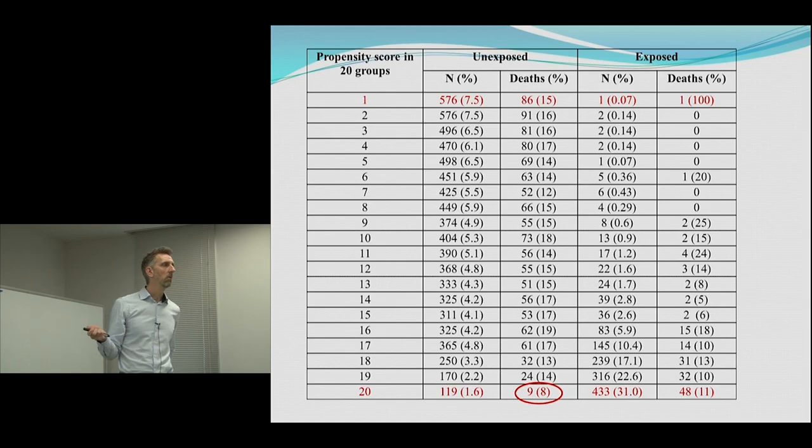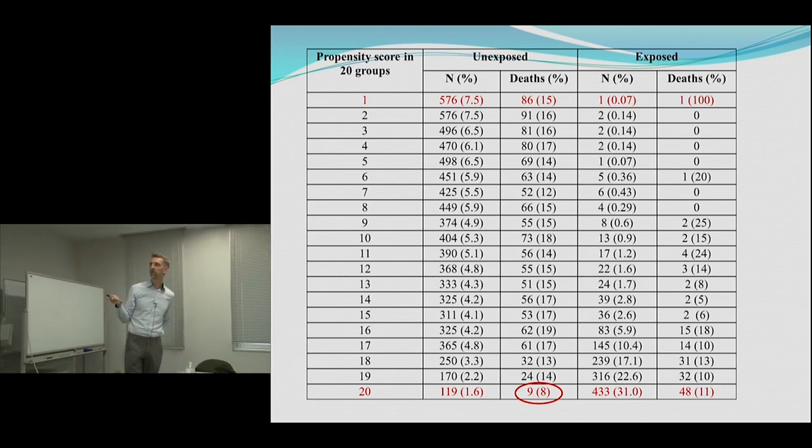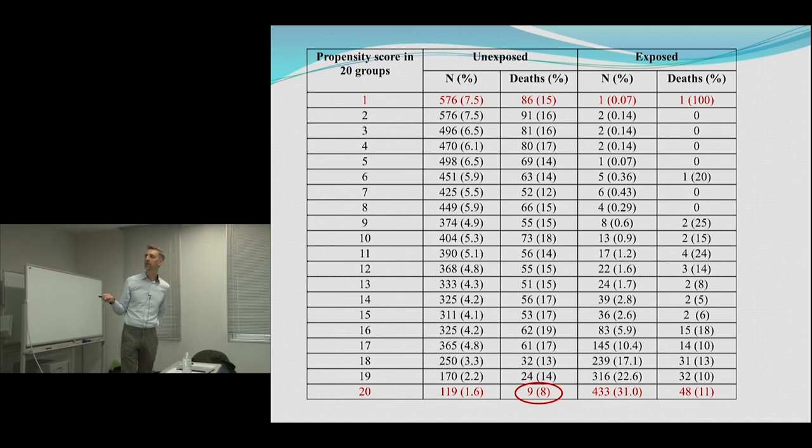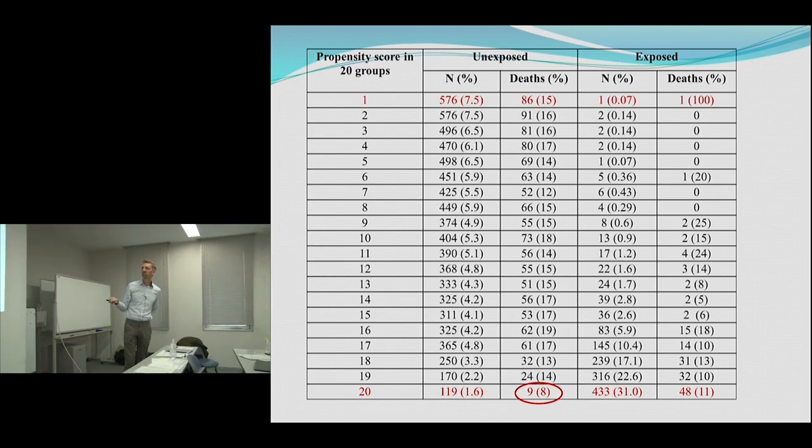Interestingly, what we also see here is that in the unexposed group, if you look down this column of deaths, you've got all the way down in the mid to high teens the percentage of people who die in each of these groups. So it's about 15 in this, 14, 17. Amongst the sickest group, number 20, in the untreated population, we only had 8% of them die.